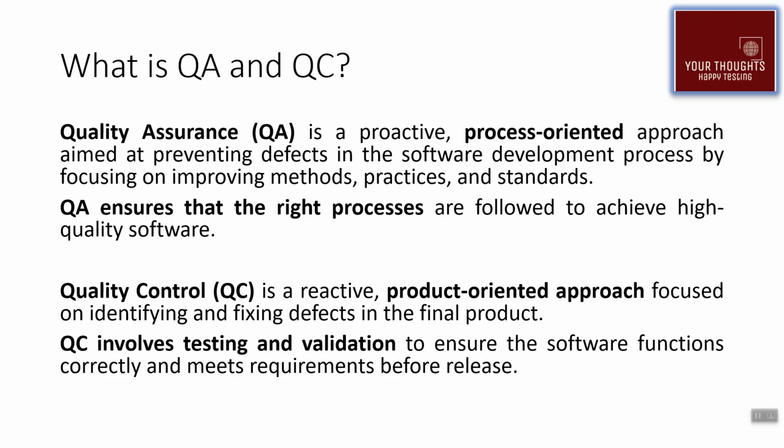If we talk about the difference between quality assurance and quality control in more detail with one example, I hope this example will make it clearer. Let's suppose we have a login page for testing. From the quality assurance side, we have to make the standard for the password.